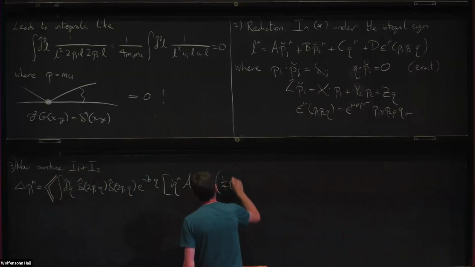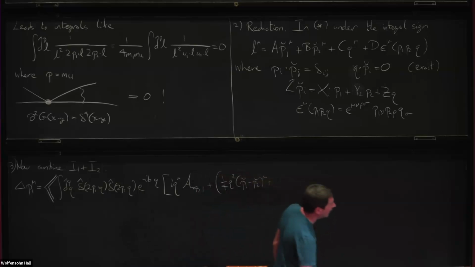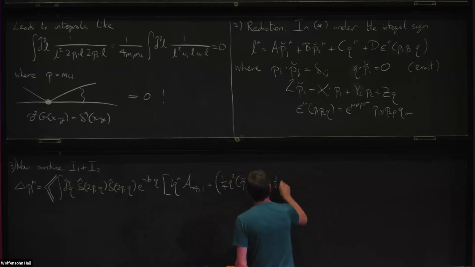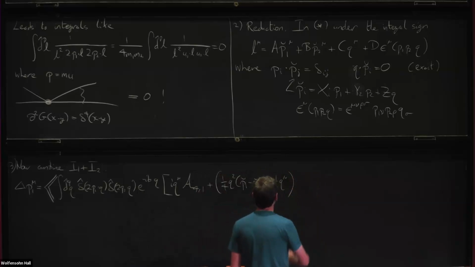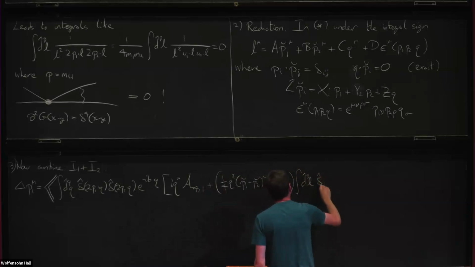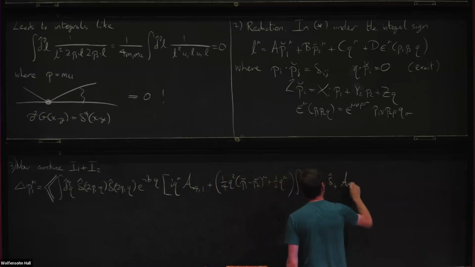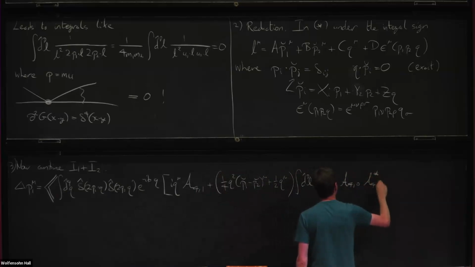A quarter Q squared, P check 1 minus P check 2, index mu, plus a half Q mu. And now an integral. So the two delta functions, let me just abbreviate them both as delta plus. A for 0 times A for 0 complex conjugate.